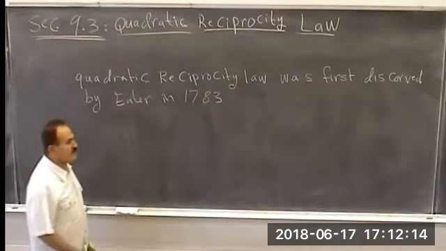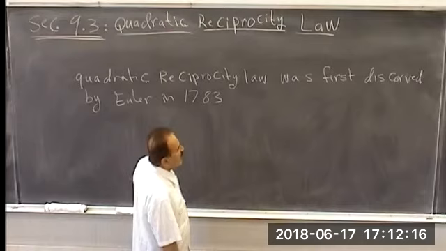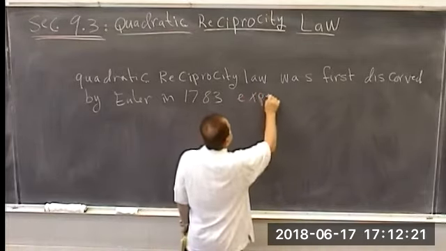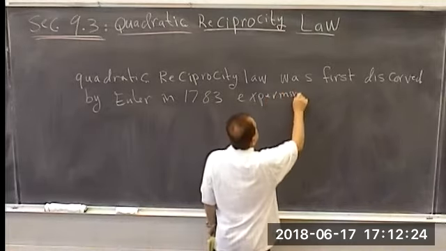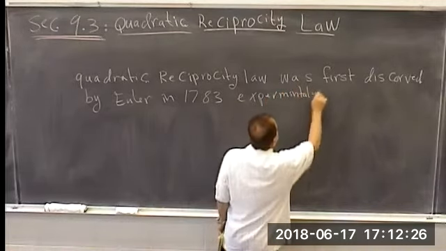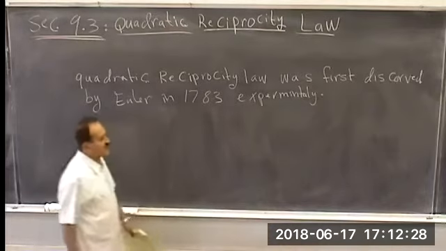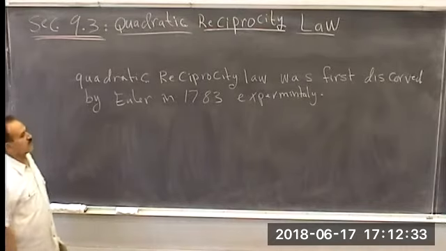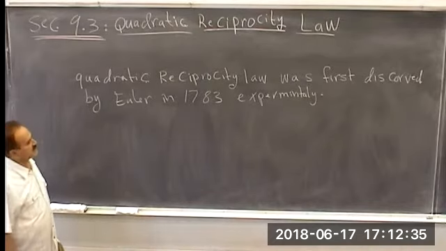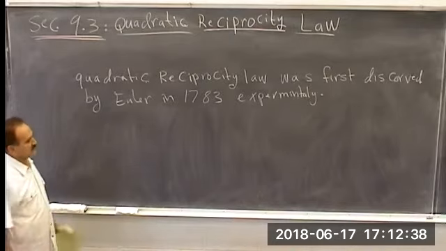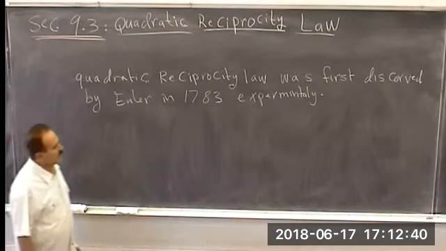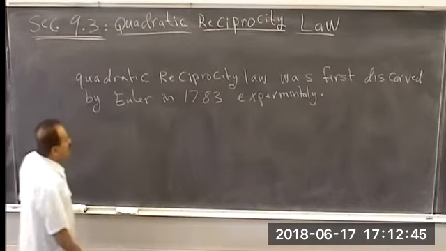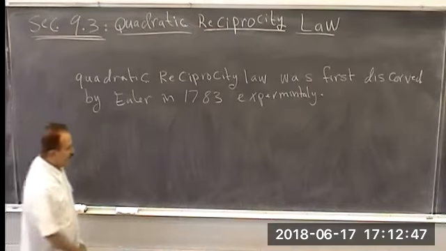Euler actually used experimentation, in other words, just by trying different numbers and evaluating thousands of values, then he stated the quadratic reciprocity in terms of the solvability of quadratic congruence equations. But he gave no proof. No proof was given.